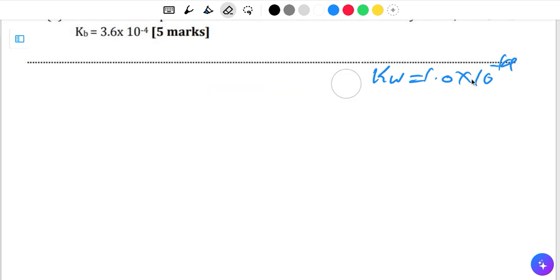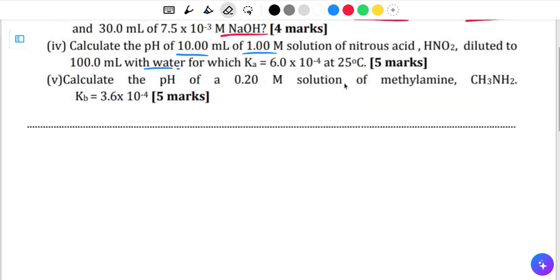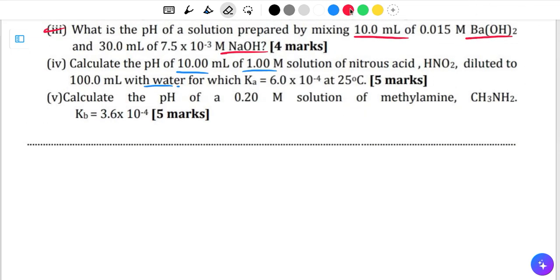But let's say, for example, the question is talking about an acid, and they have mentioned that at 25 degrees, so you know the value of Kw. So Kw is equal to Ka multiplied by Kb. So in a question like this one, if this was our Kb, you need to find Ka.